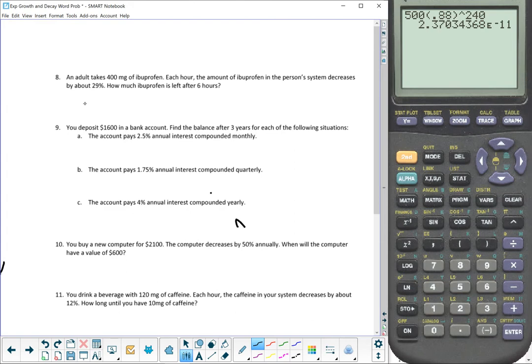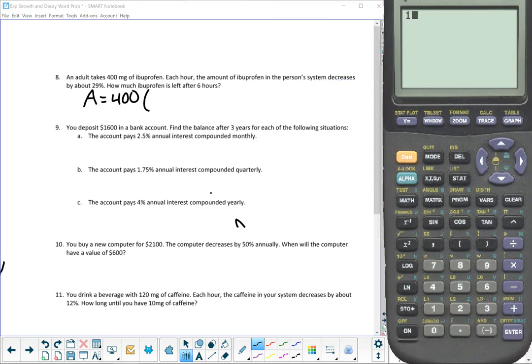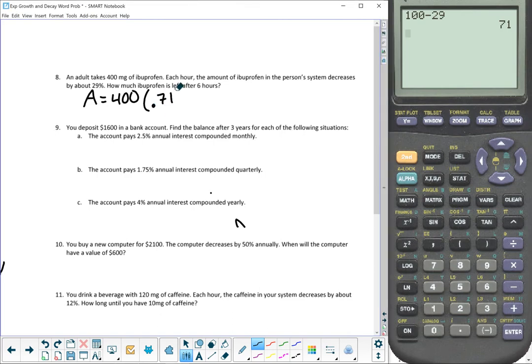So we're going to start with A equals our principal, 400 milligrams. If ibuprofen decreases by 29%, so we have 100%, and if we decrease by 29%, we have 71% remaining, or 0.71.